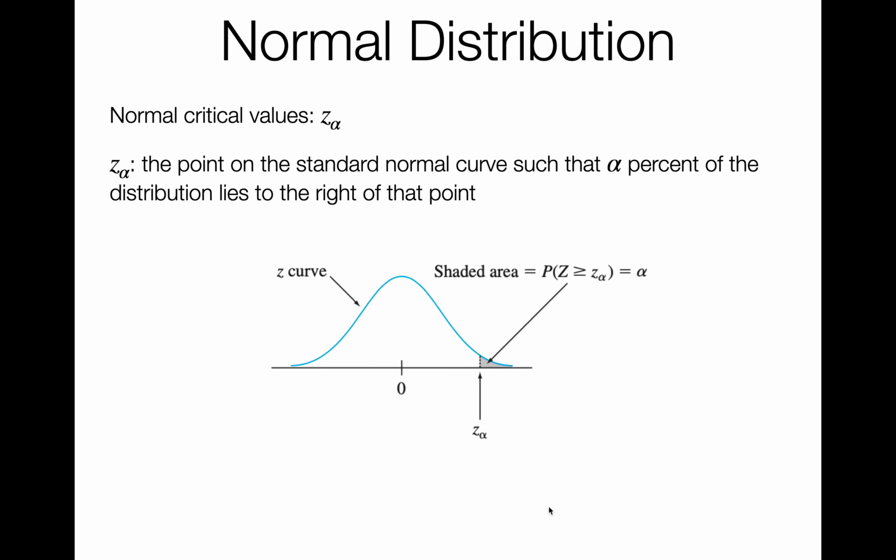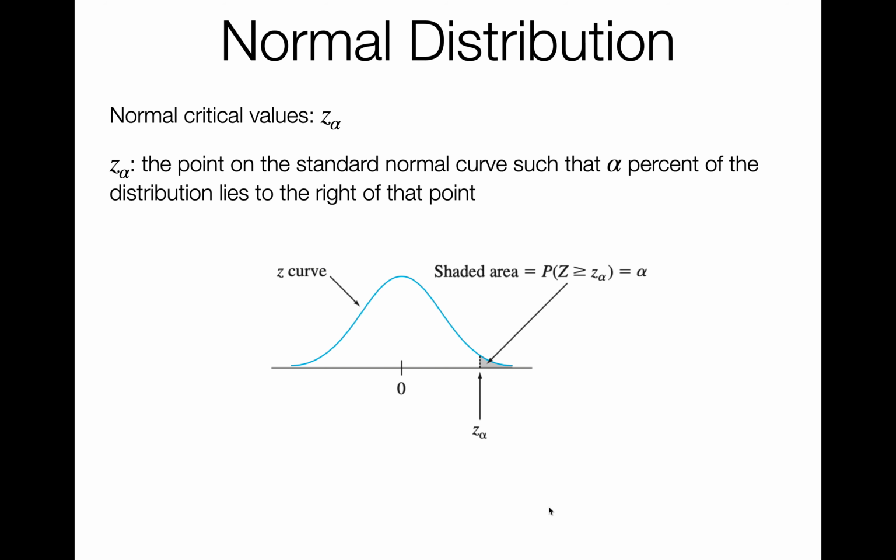And here's a picture that shows it a little bit better. So the blue curve is the standard normal distribution. It's centered around 0 and it has a standard deviation of 1, but that isn't really important right now. The 0 is maybe a little bit more important.